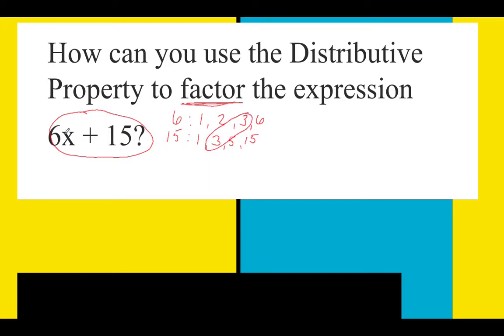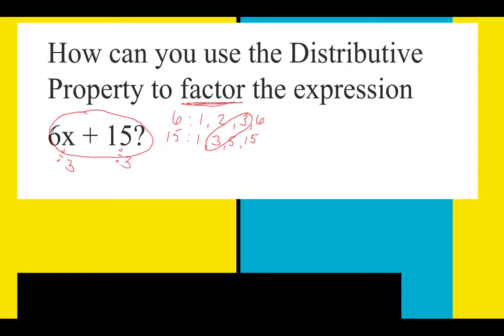So what that means is I can factor this expression, right? I can take each term, my 6x and my positive 15, and divide each of those by 3.